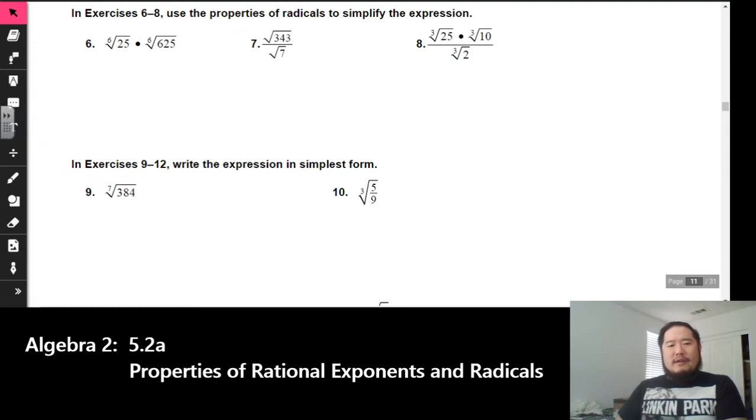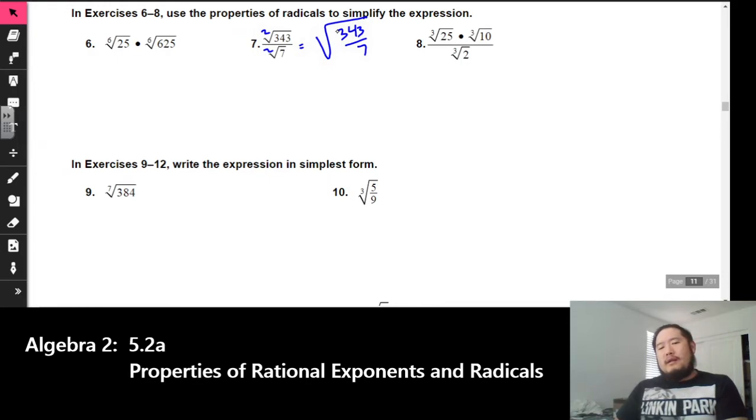Let's take a look at number 7. The index is the same in both of these. They're both the square root, right? So how about this? One of our rules is I can go ahead and rewrite it as one whole fraction.